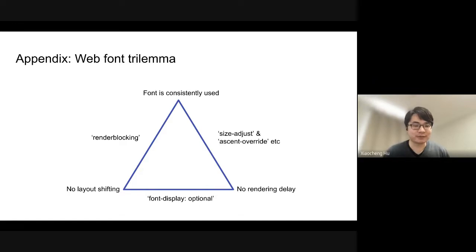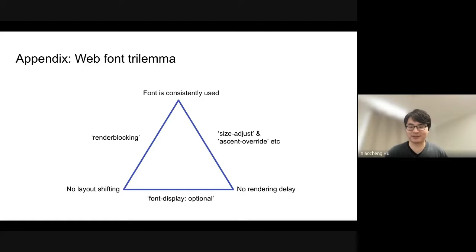Or if we can tolerate some layout shifting, then it's just the current default behavior, and we have some other techniques to align the metrics of the fallback font and the actual web font, so that the layout shift can be minimized, but it's not eliminated because the two fonts are still different.